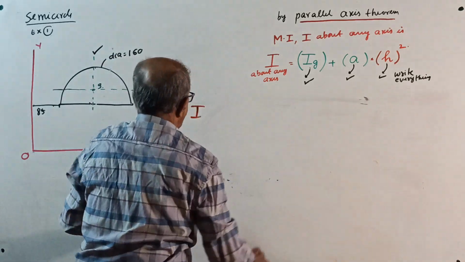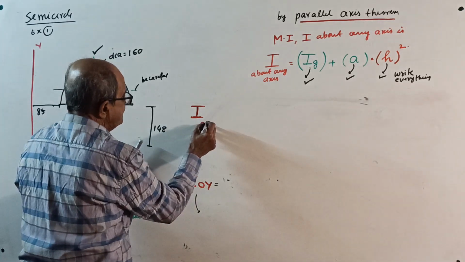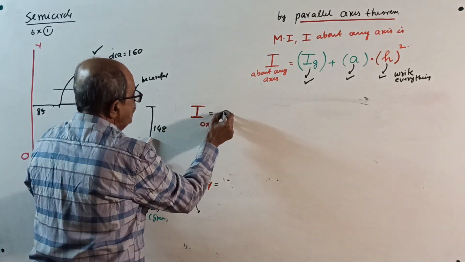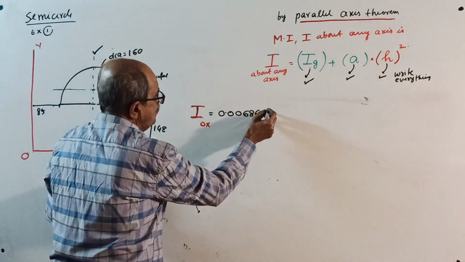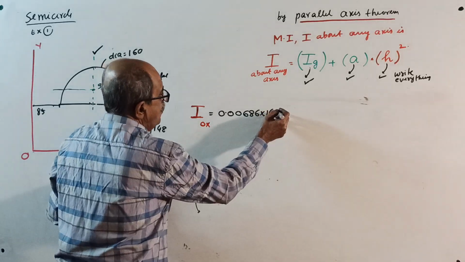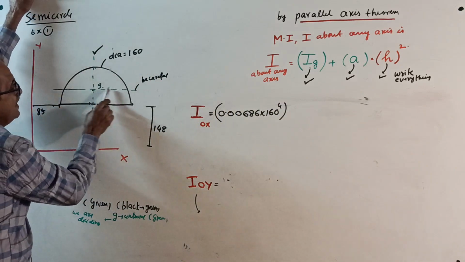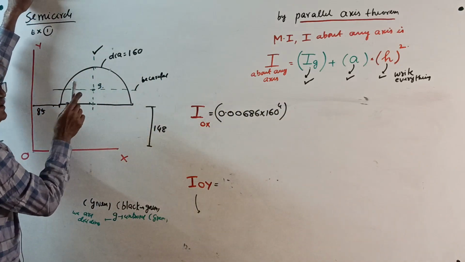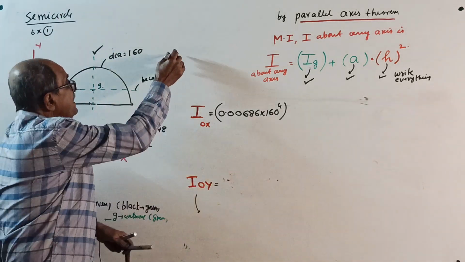Now here, I about OX. I'll write once again. I about OX equal to 0.00686 into 160 power 4. This I told thousands of times. See, this is not symmetry. So if not symmetry, semicircle is 0.00686. All told earlier, go through 100 times.